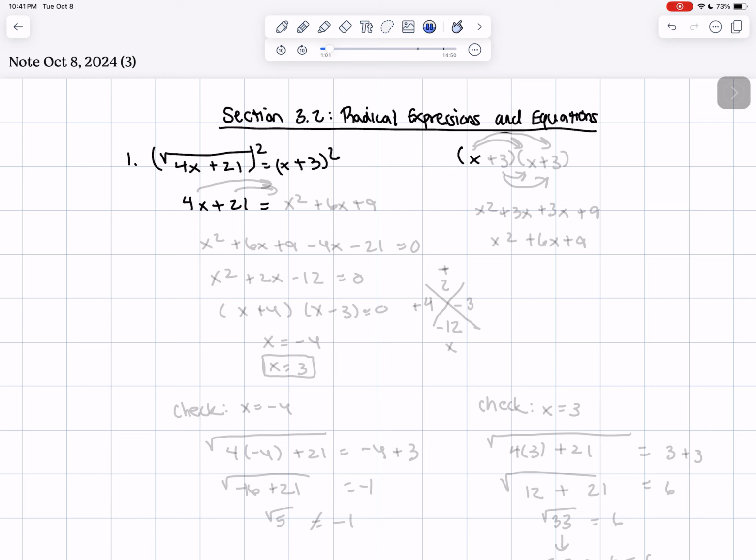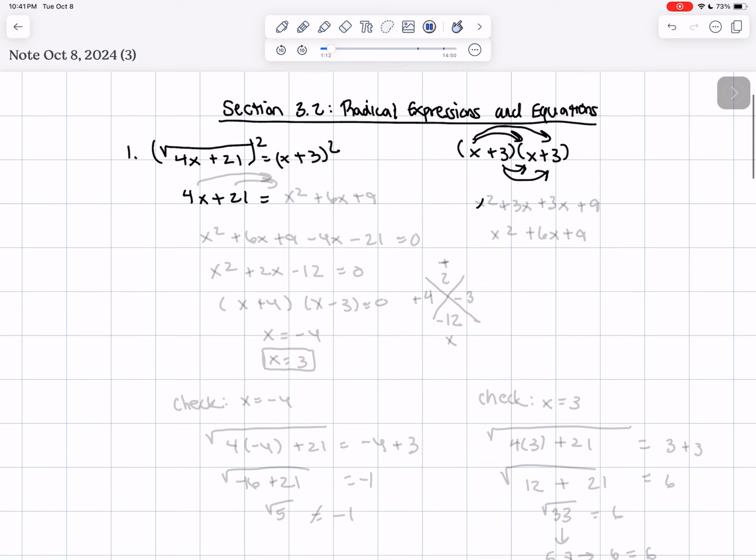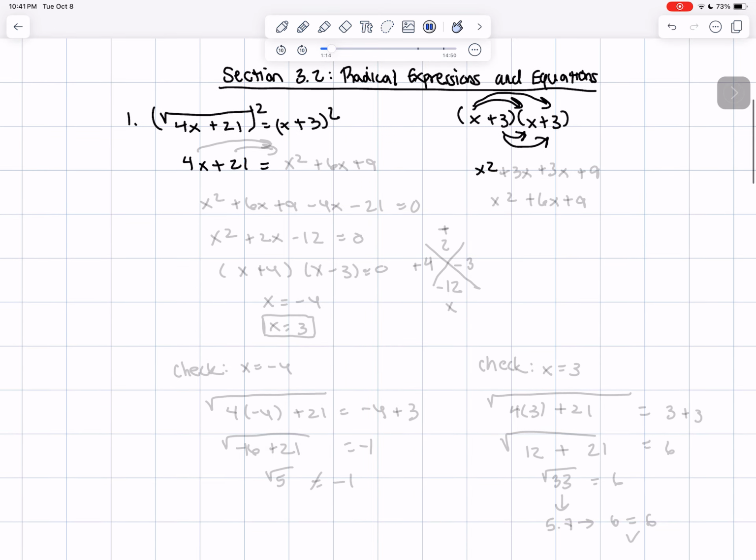And then I want to expand the right-hand side, because we have a square, that means we have 2 of them. Combine like terms, and then we put it back where we had it before.